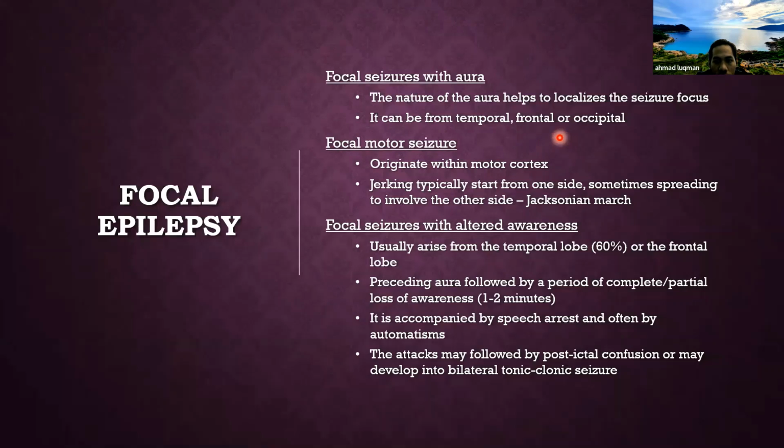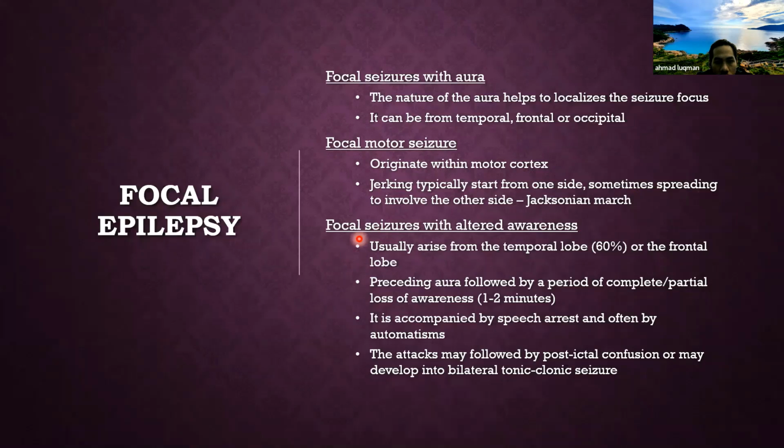For frontal, the patient will have conjugate gaze, and for occipital, it will affect the vision. For focal motor seizure, this type of seizure originates within the motor cortex, and the jerking will typically start from one side and sometimes spread to involve the other side. It is known as Jacksonian march.